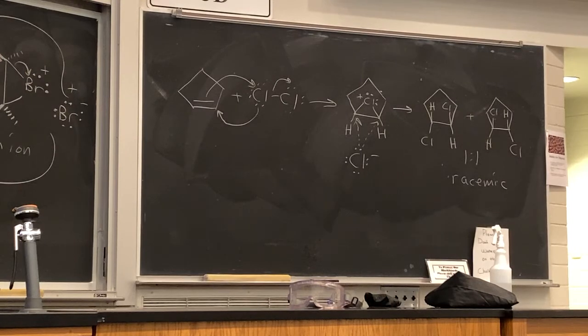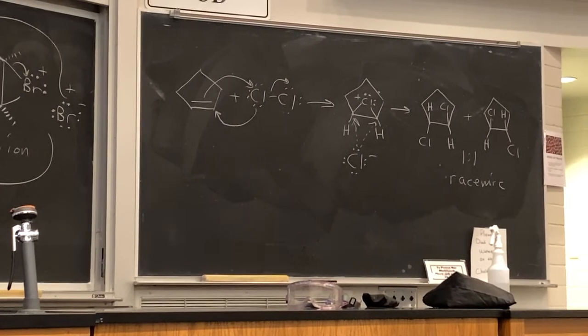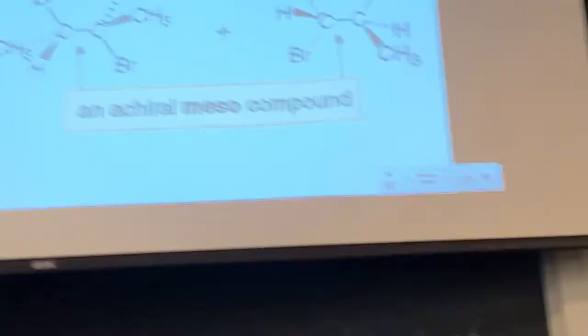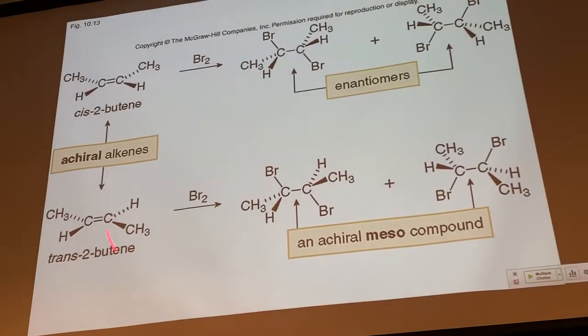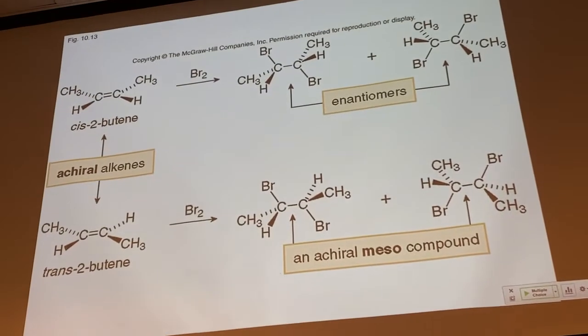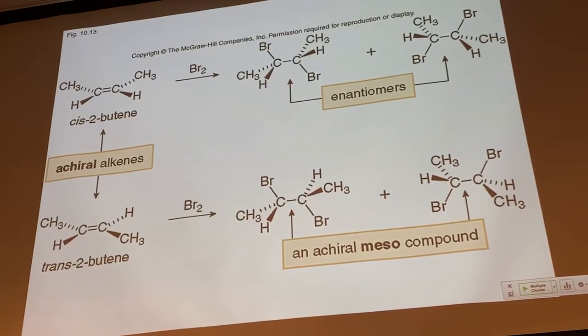So we see something interesting if we look at the reaction of bromine with diastereomers. These alkenes are cis and trans isomers, or E and Z isomers. Okay, so we have cis-2-butene, which is also Z-2-butene. Either name is fine.